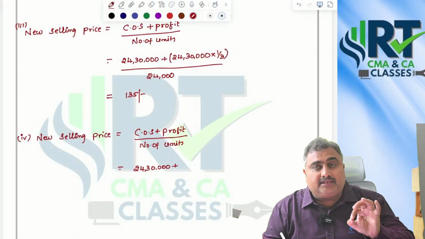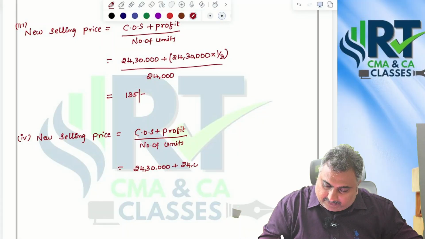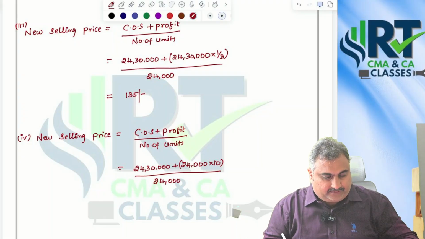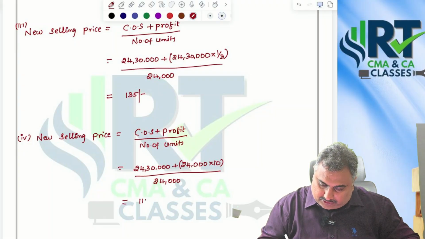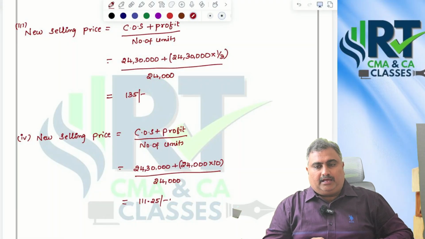Here in this point they said 10 per unit. How many units are you selling? 24,000 into profit per unit, 10 rupees, divided by 24,000. So 24 lakh 30,000 plus 2 lakh 40,000 divided by 24,000 units. That is equal to 111.25 rupees itself.